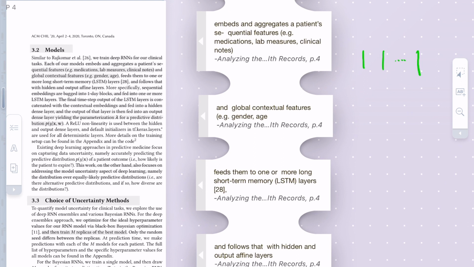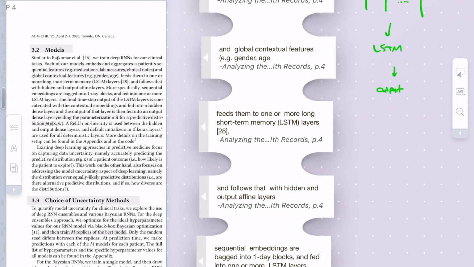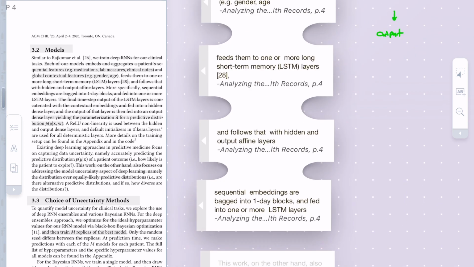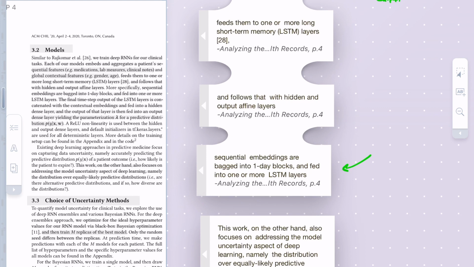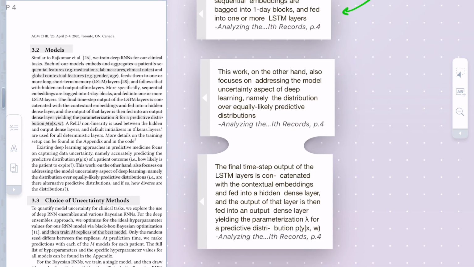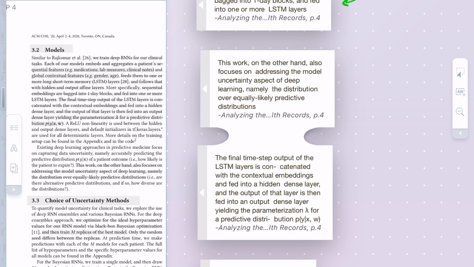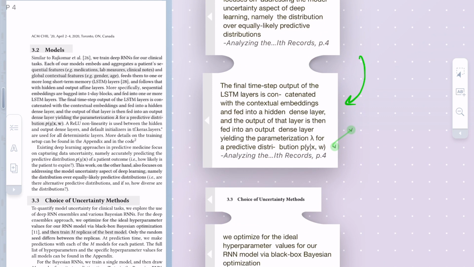They feed these to an LSTM and then output hidden layers and affine layers for the output. Namely, they go with one-day blocks. This work focuses on addressing the model uncertainty, which is important. The final time-step output of the LSTM is the parameterization lambda for the predictive distribution of the probability of outcome given input and weights.